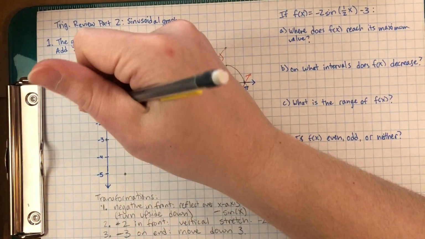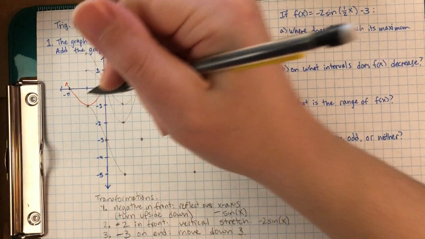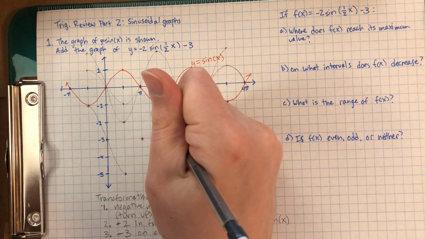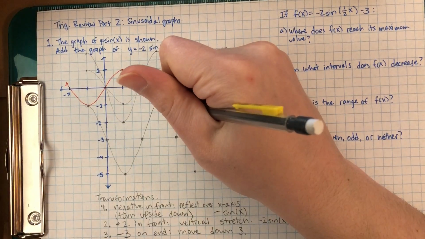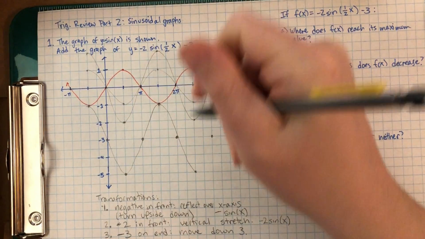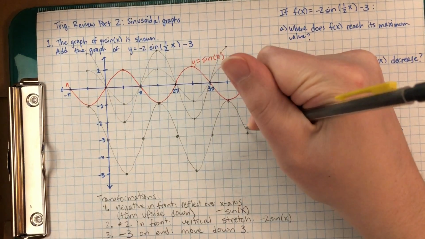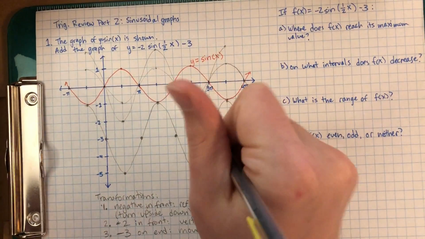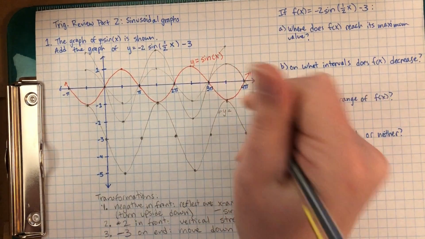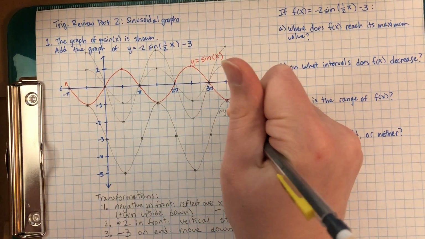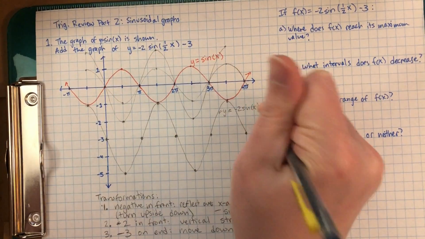So now I'll draw this graph in. Okay. So we're almost there. This right now is the graph of y equals -2 sine x minus 3.